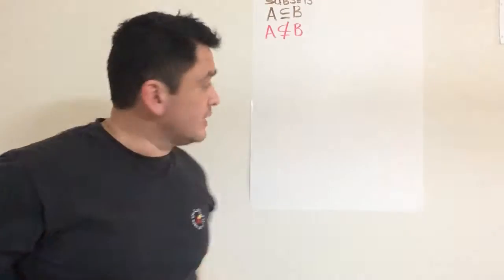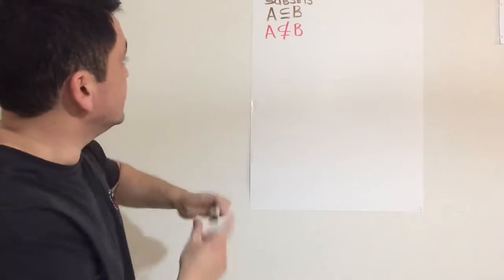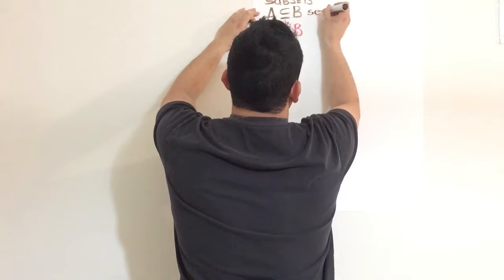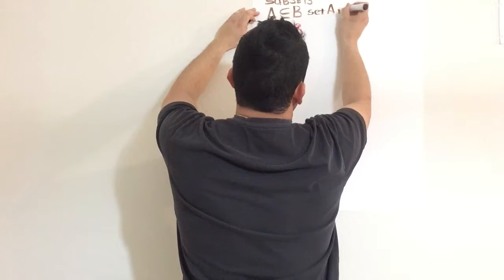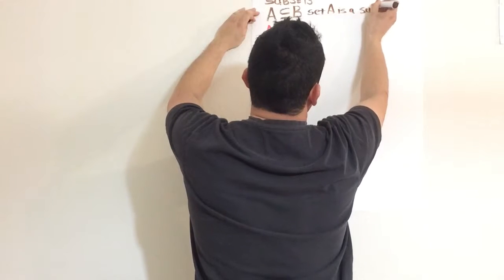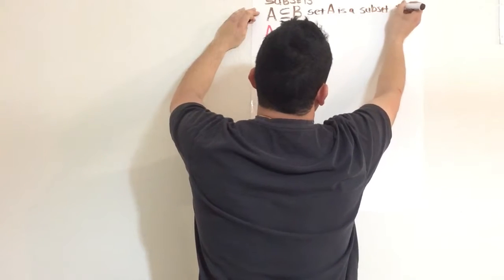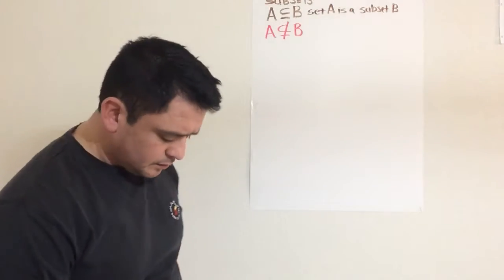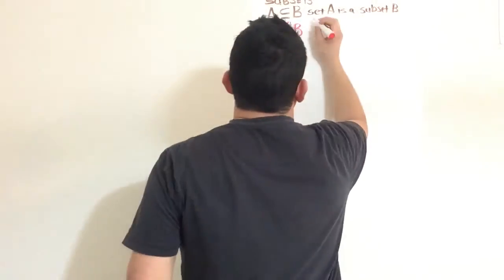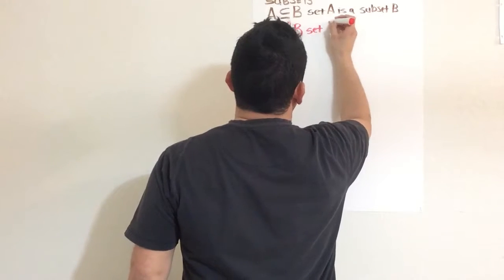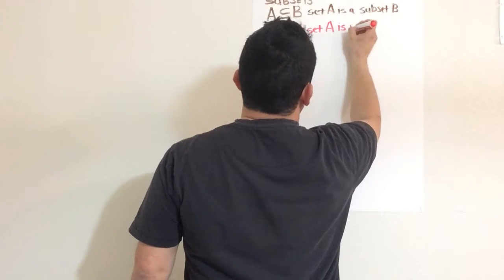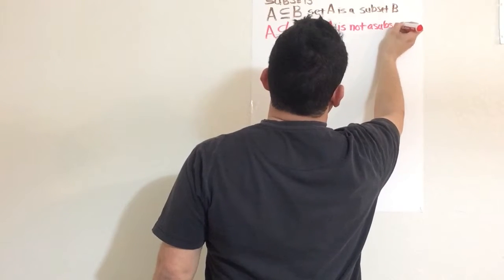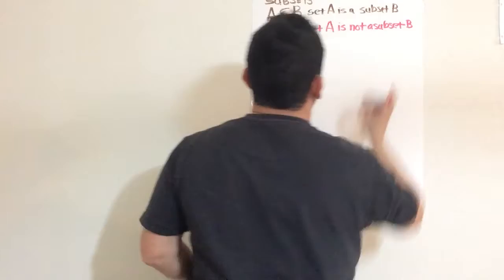So let me write that down next to it. Set A is a subset of set B. And on the bottom one, set A is not a subset of set B. Okay?